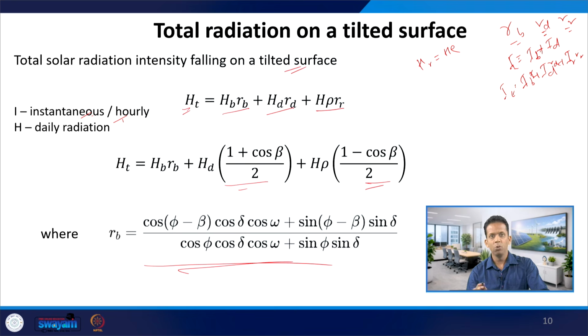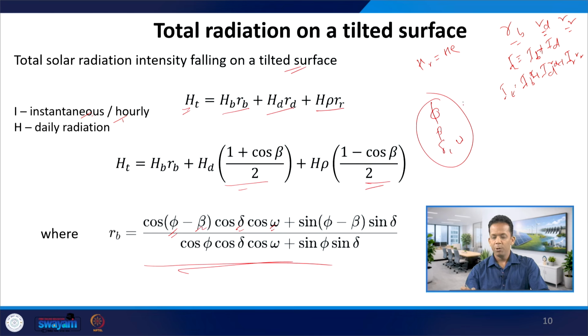So, what we need to know is the location, which is phi, the latitude, the tilt angle beta of the surface, then the date and time, which will give us delta and omega. So, these are the four things required, because those are the missing terms: phi, beta, delta and omega. We are talking about the northern hemisphere, panels facing south.